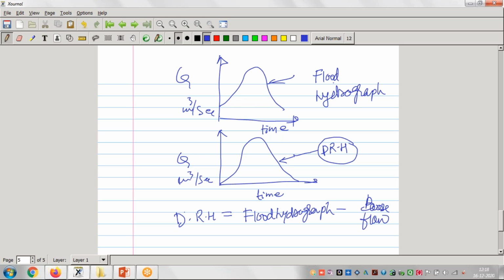This is our base flow. If this base flow is deducted from the flood hydrograph, we can get the direct runoff hydrograph, right? Now, I think it is clear to you.